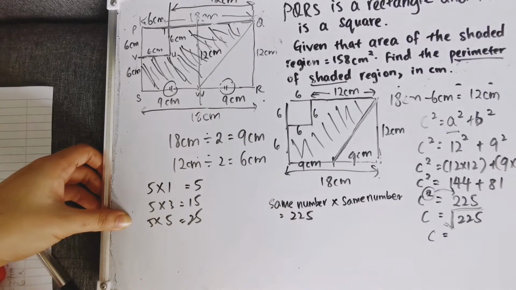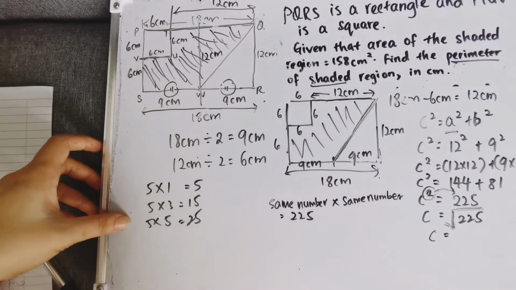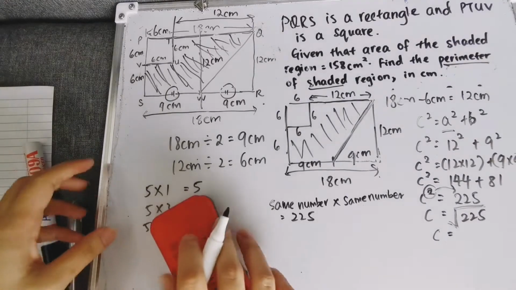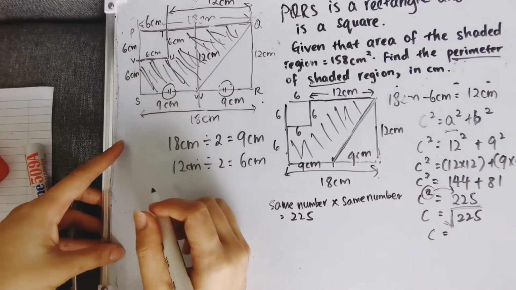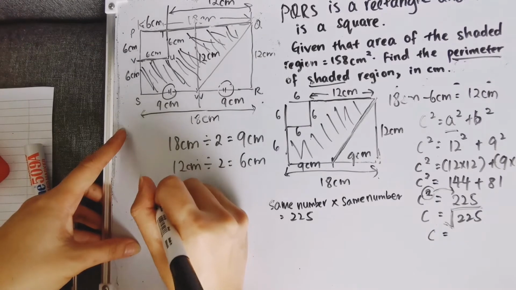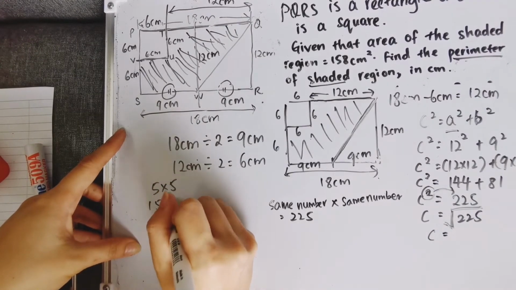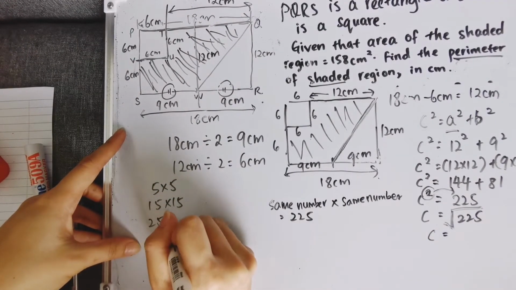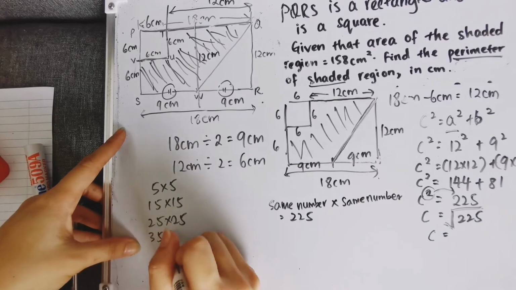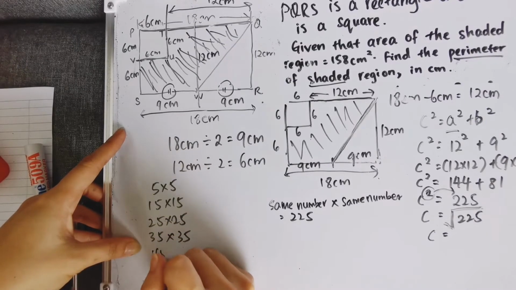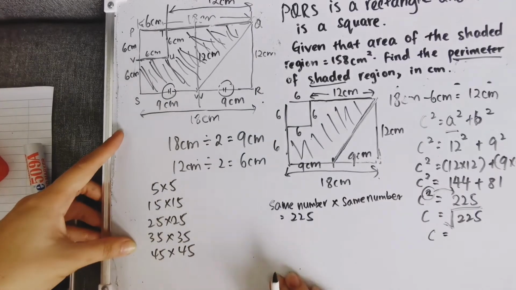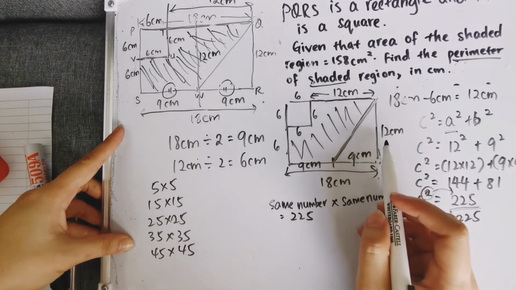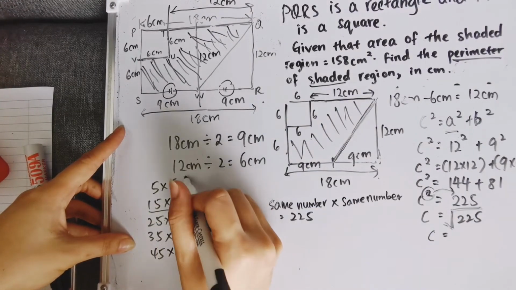So we have to find the same number. Okay, how to find the same number? We start with 5 at the back, which is 5 times 5, 15 times 15, 25 times 25, 35 times 35, 45 times 45. Okay, since this is 9 and this is 12, I think it's either of these two.